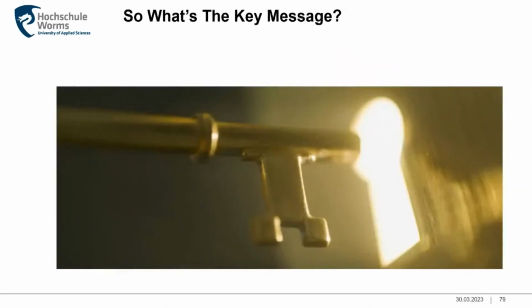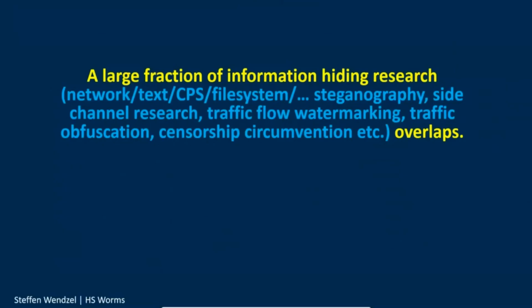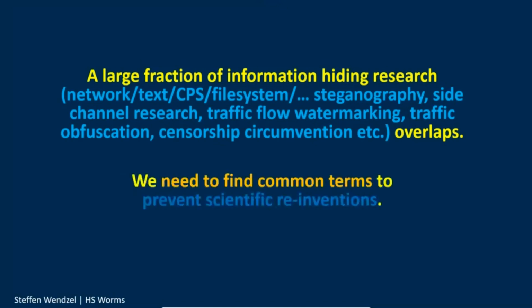Okay, so what are the key takeaway messages here? First of all, a large fraction of information hiding related research, which is all the blue stuff here in brackets, overlaps. And I think, personally, it's my opinion, we should find common terms also to prevent reinventions, just doing everything again and again, building sub communities and ignoring other communities.